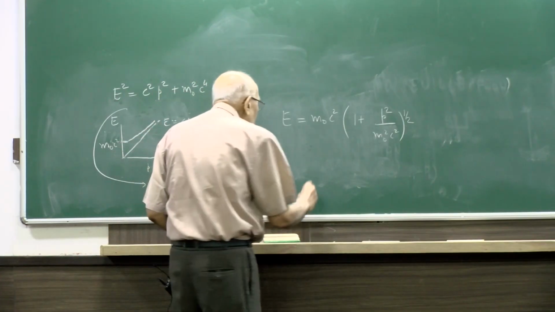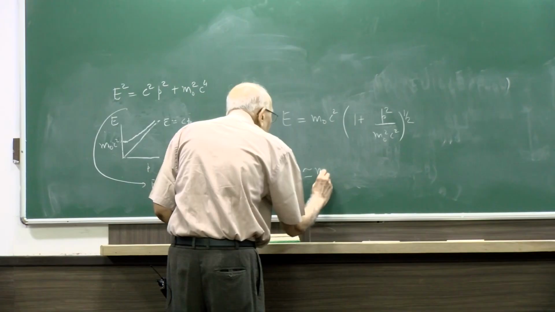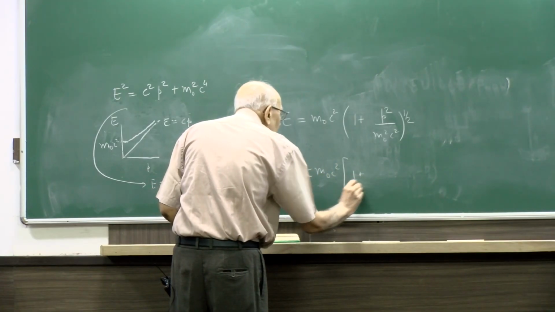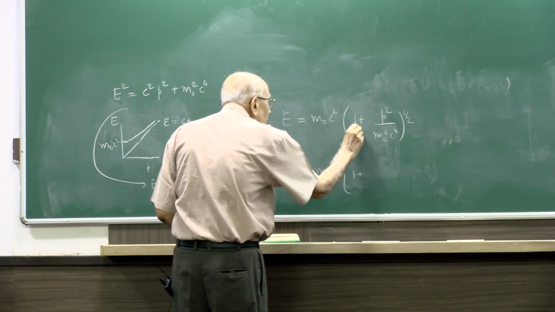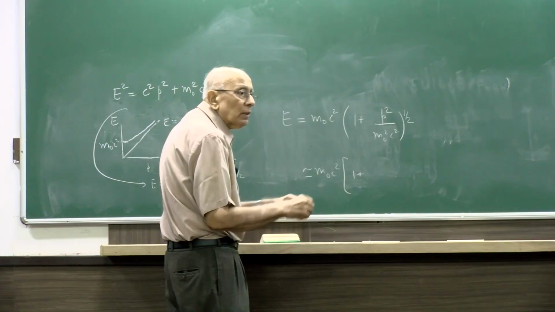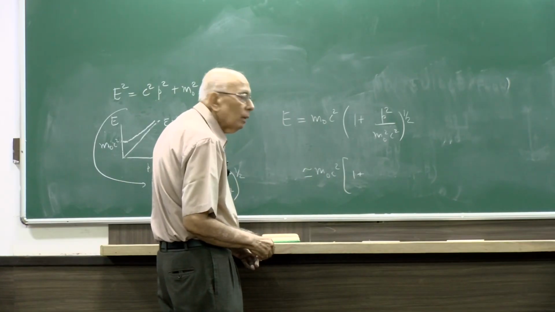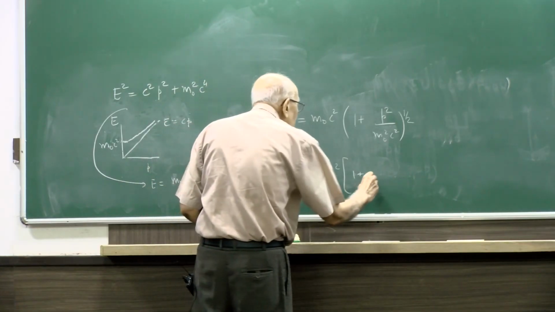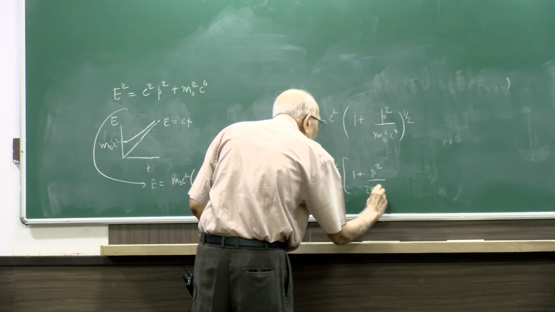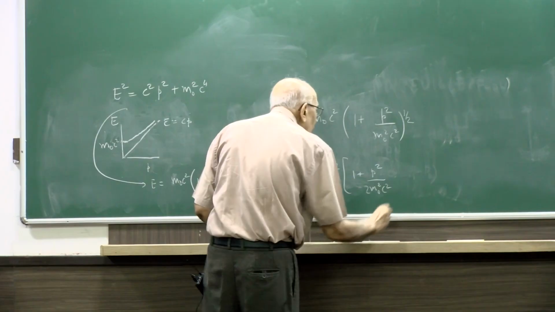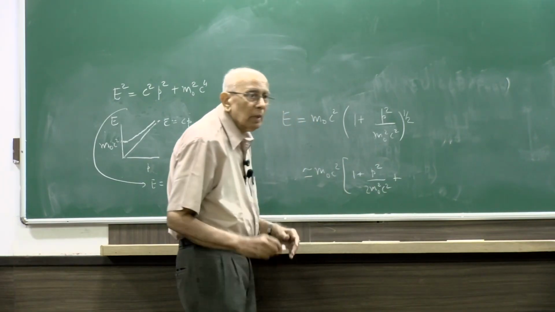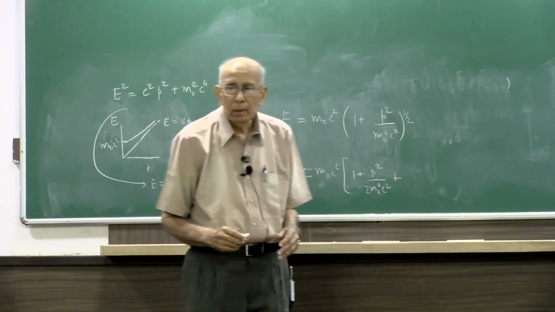So what's the first term? What's the next term? The 1 is here. 1 plus x to the power half is 1 plus half x, plus the next term: half times half minus 1 over 2 factorial.